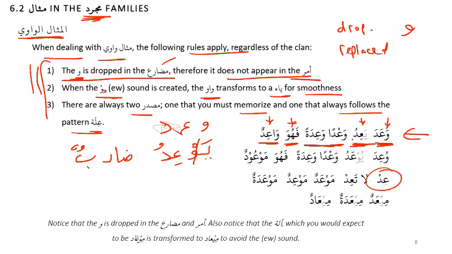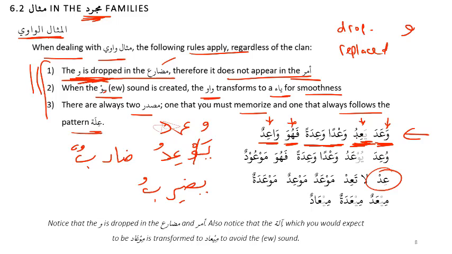It's replaced. No. The ya is the mudare indicator in any case. Like daraba, the mudare would be yadribu. So in this case, the waw is dropped. The ya over here is the ya indicator, like mudare. It's the fail mudare indicator, or the alamat for mudare.